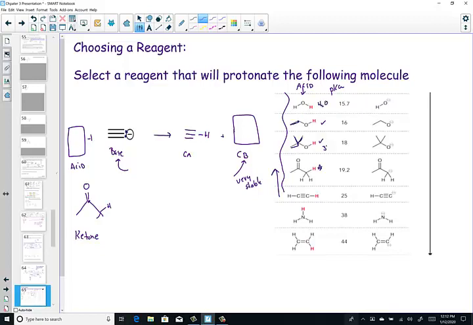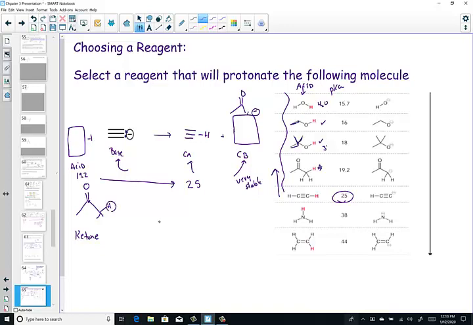Any of those work because when I have the acid, its pKa is 19.2. And I compare that to the conjugate acid of acetylene, which is 25. I am pushing towards a weaker acid. I am pushing towards a more stabilized conjugate base because this happens to be resonance stabilized.